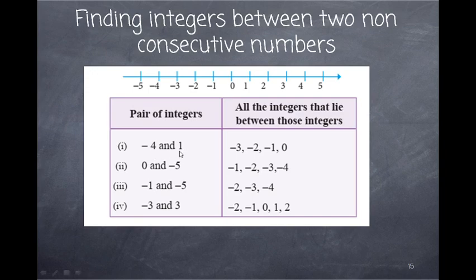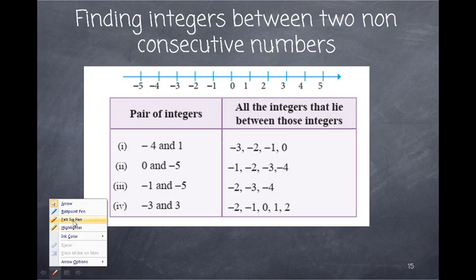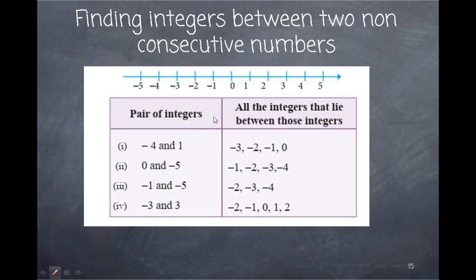In between -4 and 1 we have -3, -2, -1. In between 0 and -5, I'm going to mark -5 here and 0 here.